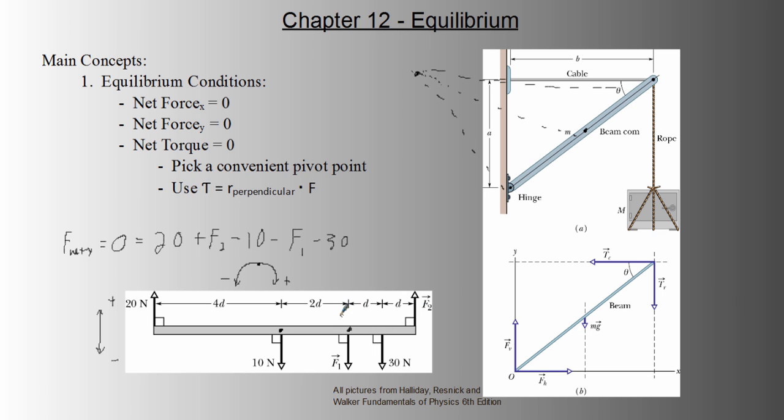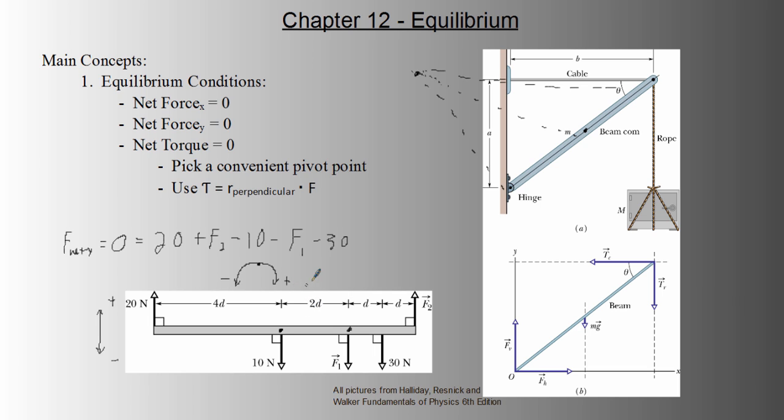So it's sort of a, you'll get used to it. You'll get an intuition eventually as to where to best pick the pivot point. And if you don't, the worst that can happen is you pick it somewhere and you realize, this is not allowing me to solve. Let me try a different pivot point. It's not a big deal if you pick the wrong pivot point. Just try a different one.